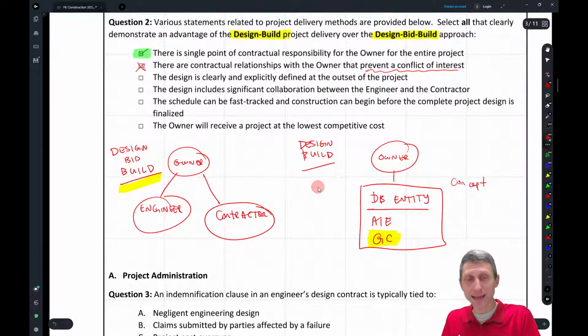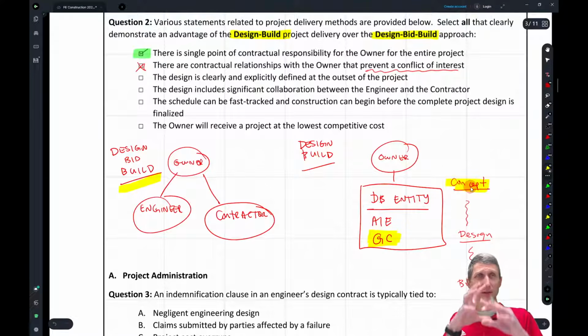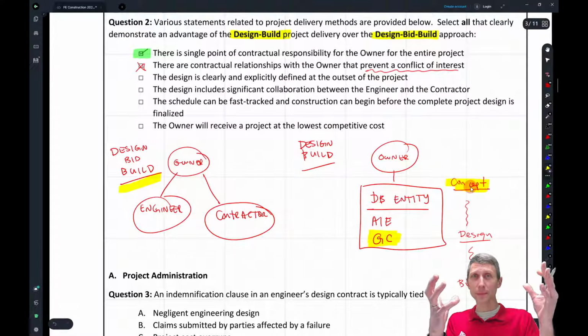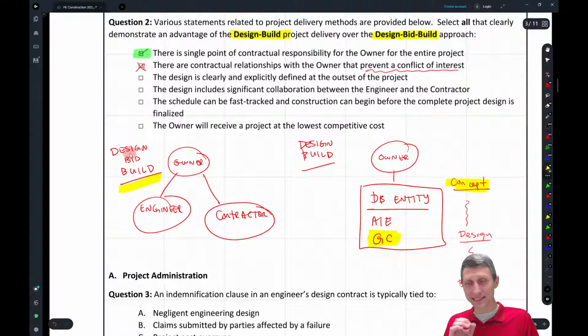So we have this concept, right? And then the design gets worked out. The concept goes into a design, which gets worked out into a build, you know, into a building or whatever is going to get built. But really where this all starts with design build, it's just kind of this concept of, here are the general programming requirements, but not the specific design that you would get in the design bid build.